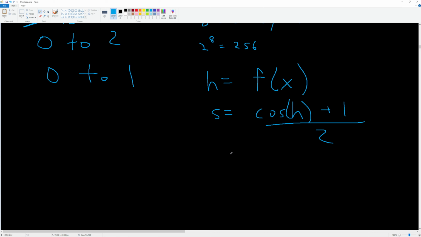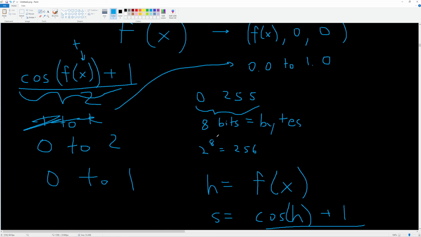Then I'll do color equals some kind of vec3, and I'll plug in s. This is just pseudocode. It's not any specific language. But these are just zeros, okay? And then I'll output this somewhere. And then I'll get this color representation of the function.